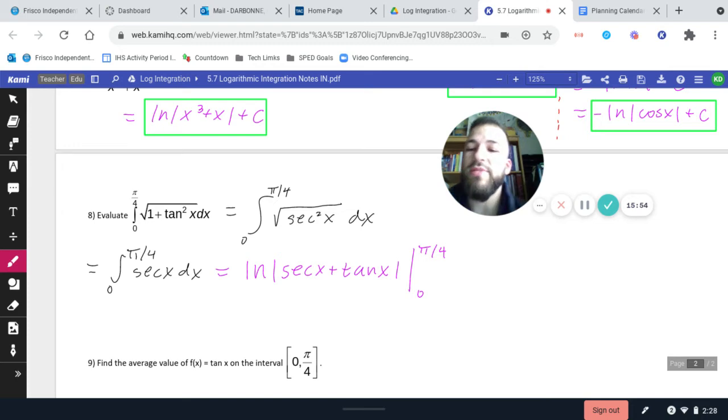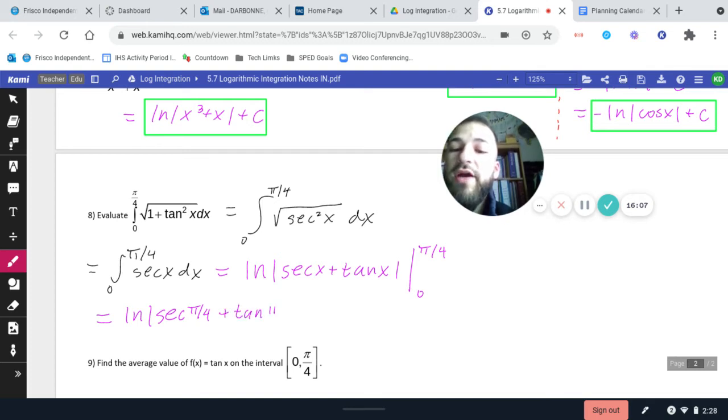Okay, so from here I'm just going to plug everything in. So this is equal to the natural log of secant of pi over 4 plus tangent of pi over 4 minus the natural log of secant of 0 plus tangent of 0.